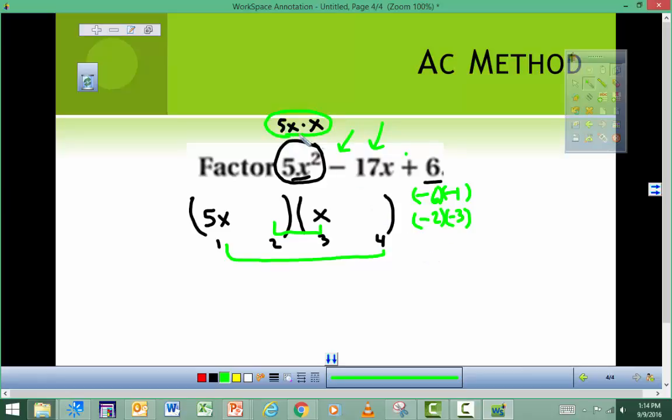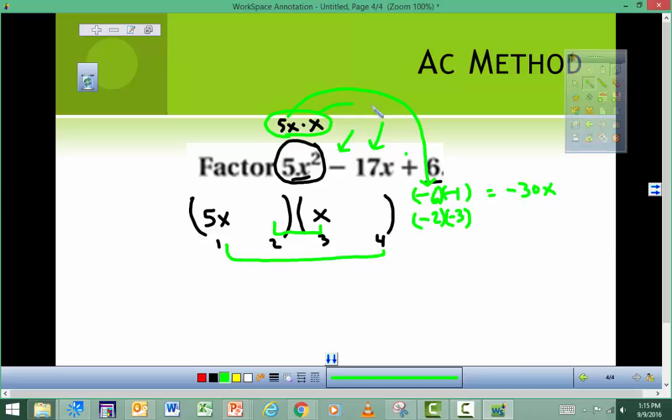So, for example, if we took the 5x and tried to combine it with the 6, we would end up with like negative 30x. Okay? And I think you can realize that if you're adding, you're already bigger than 17 in the negative direction.